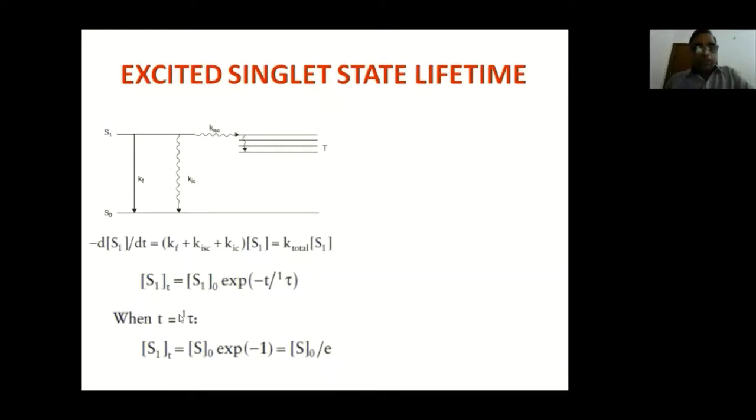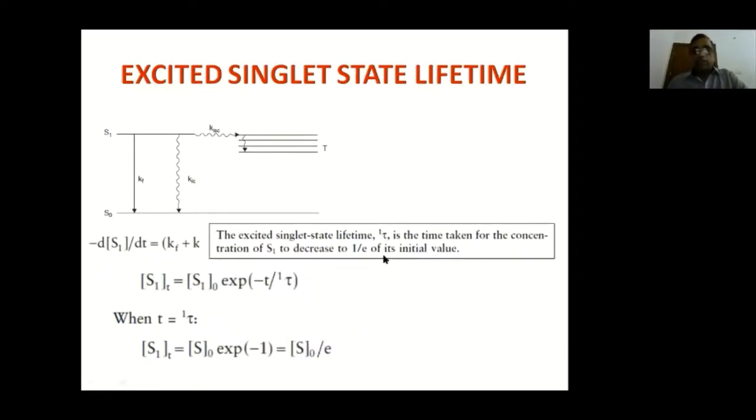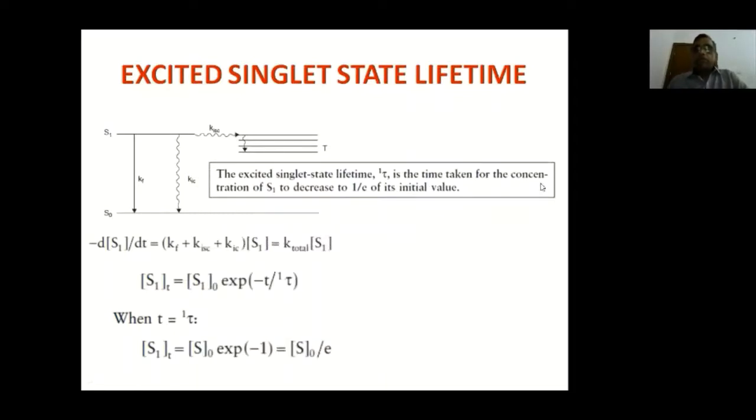Tau becomes the singlet lifetime, which you calculate at the 1 over e value. That's very important. Otherwise, you can say that the singlet state lifetime, tau 1, is the time taken for the concentration of S1 to decrease to a value of 1 by e of its initial value. It's called the singlet state lifetime. So this is the singlet state lifetime definition.